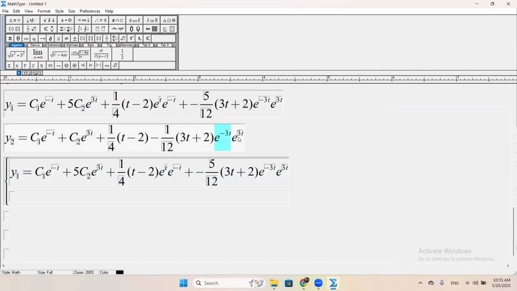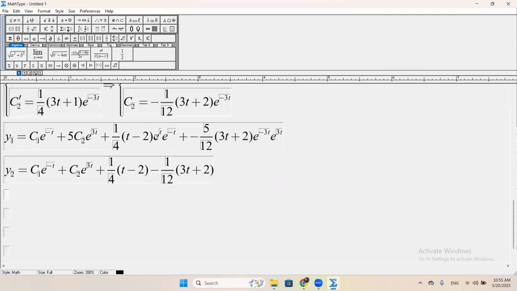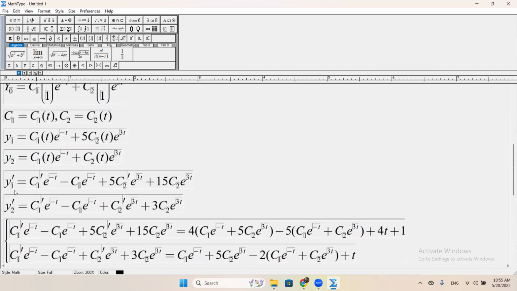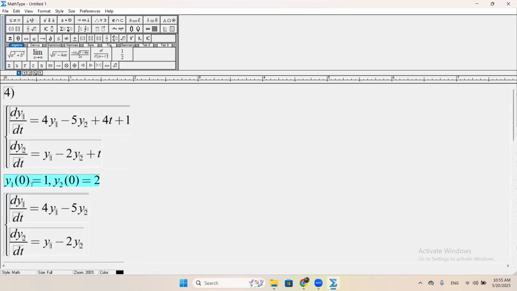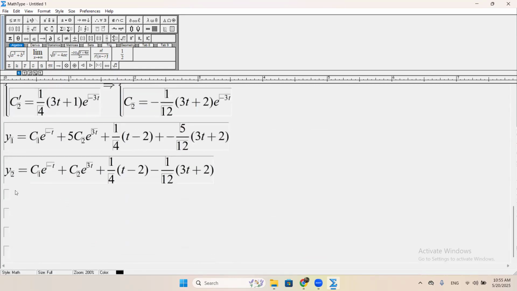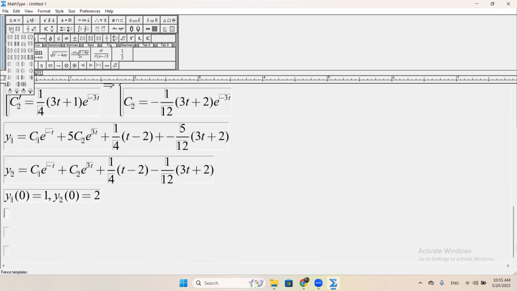We don't really need it. And there we just substituted initial conditions. So if I substitute initial conditions, what will we receive? The system with respect to C1 and C2.